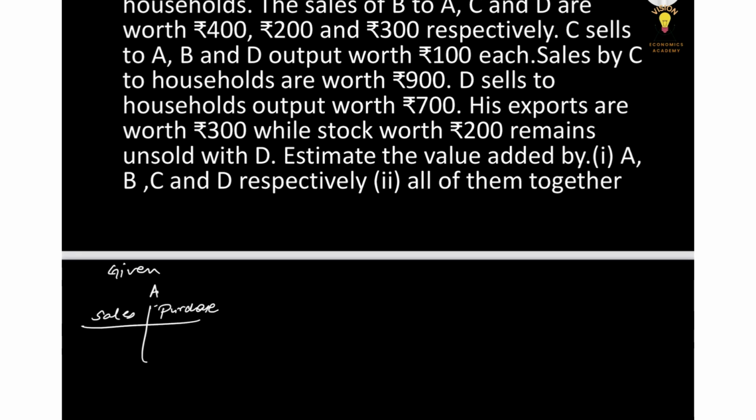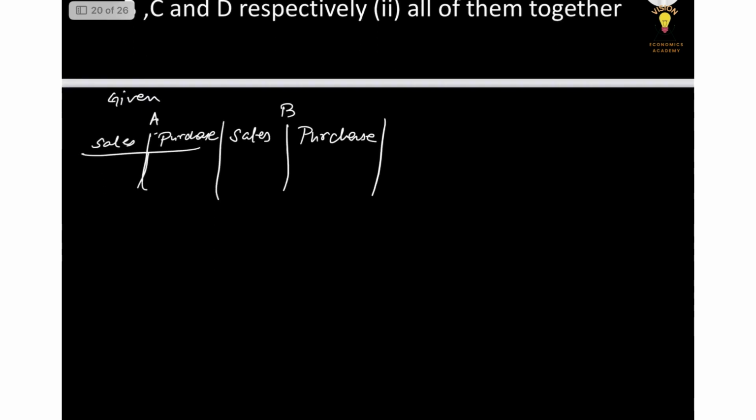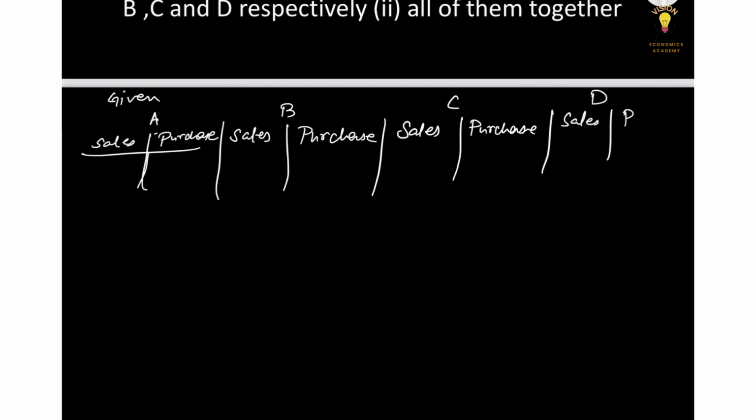Okay, as value added and all are not given, only sales and purchase are given mostly, so we can make this table. Firm B, sales and purchase. Okay, likewise firm C, sales and purchase. Firm D, sales and purchase. Now it will be easier, right?